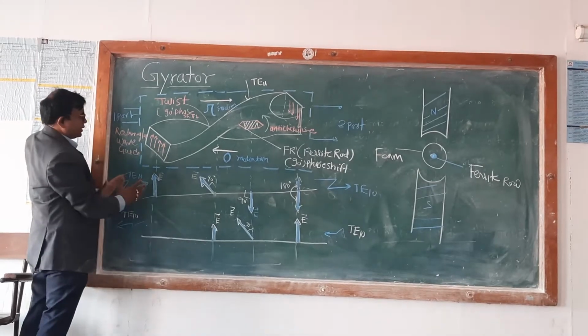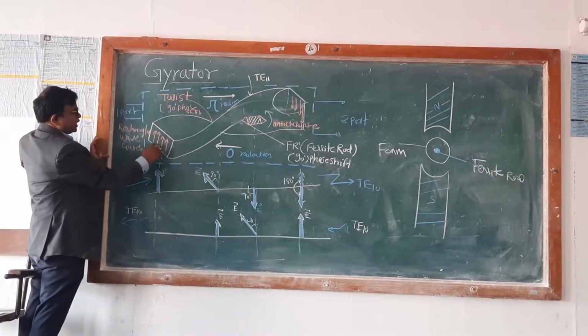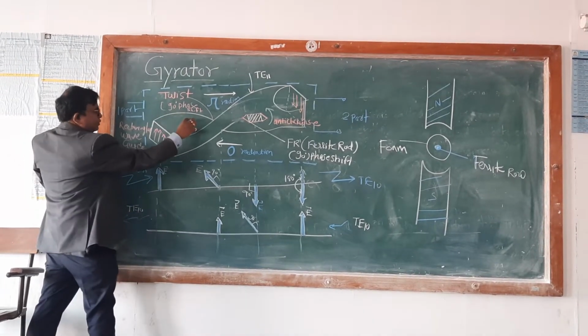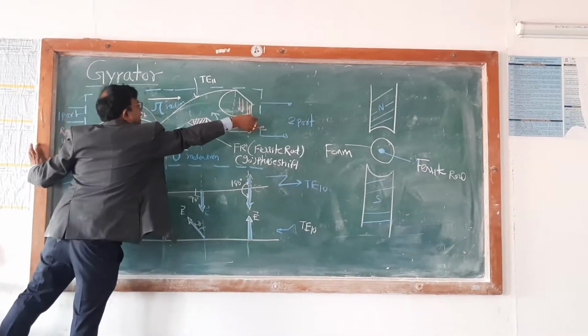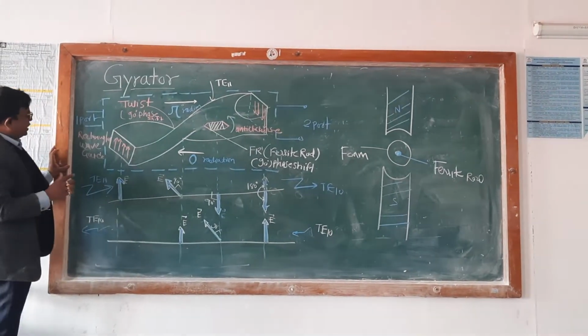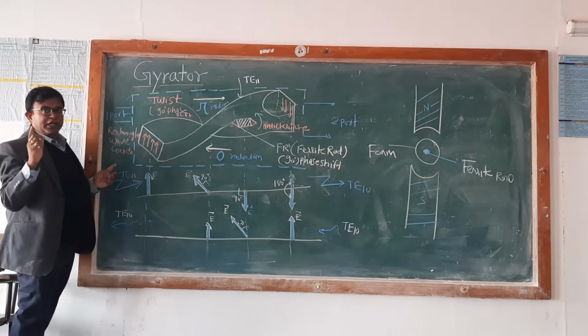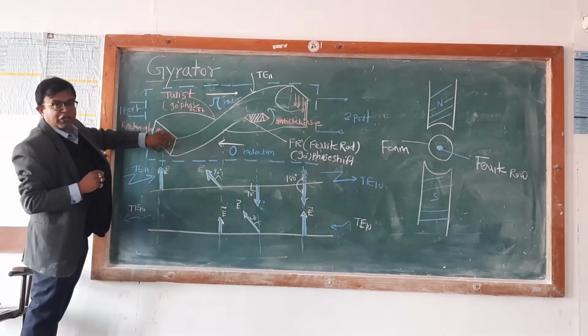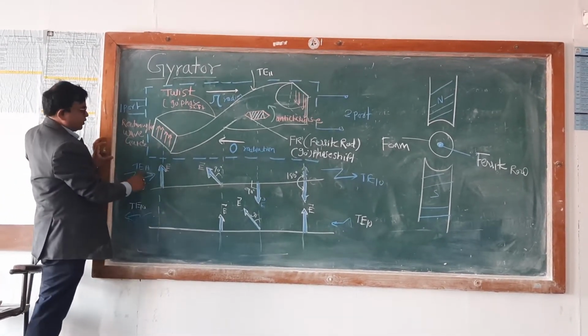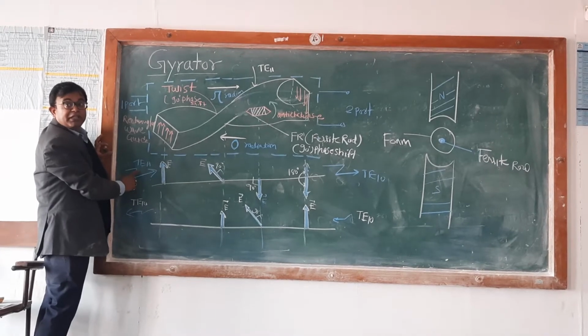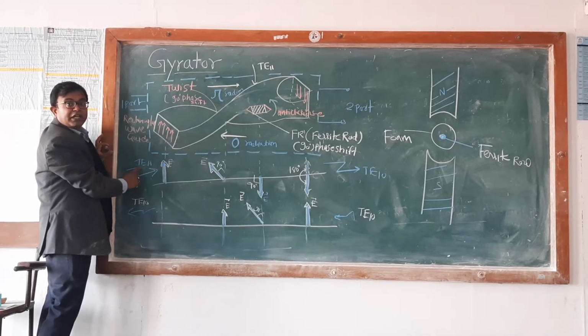Now come to the operation. Here you can see this is the rectangular one, this is the circular one, this is the circular one, and this is the rectangular one. What is the dominant mode for the rectangular waveguide? TE10 is the dominant mode. TE means transverse electric mode.